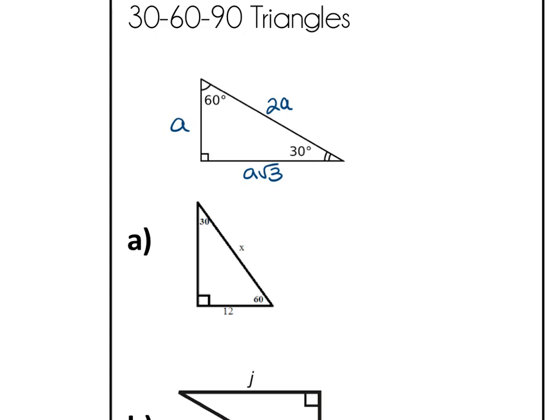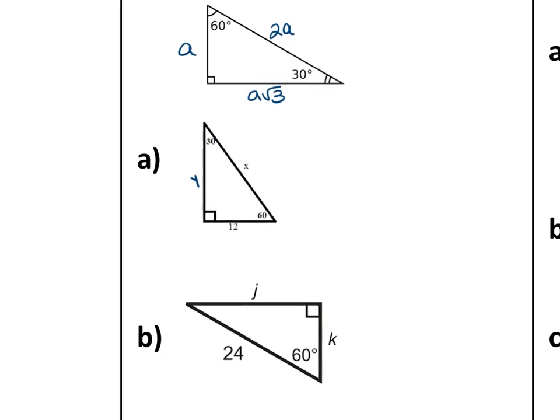So here, let me add Y here so that we answer both of these. Okay, so now this triangle is changing directions. You have to still figure out the same ratio. Opposite the 30 would be the A. Opposite the 60 would be the A root 3. Opposite the 90 would be the 2A. So if I give you the side that is A, 12 is A here, then I'm just going to take it and plug it in here.